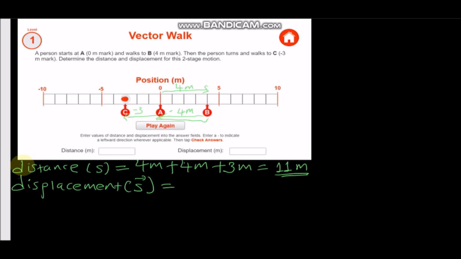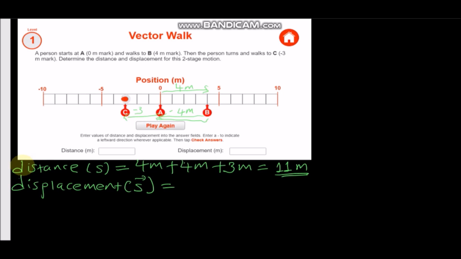That means from point A to point B, then back to A, his displacement is 0. So then from point A to point C, the displacement is minus 3, because minus 3 is toward the west.